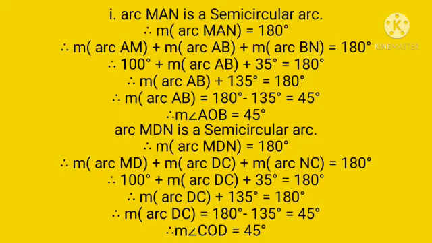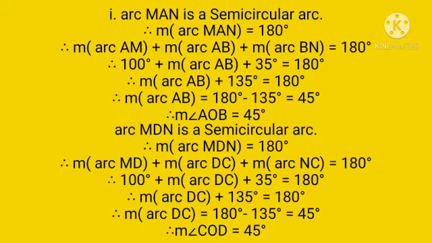Therefore, measure of arc AB is equal to 180 minus 135, which is equal to 45 degrees. Therefore, measure of arc AB is equal to 45 degrees. Therefore, measure of angle AOB will be equal to 45 degrees since it's the central angle.